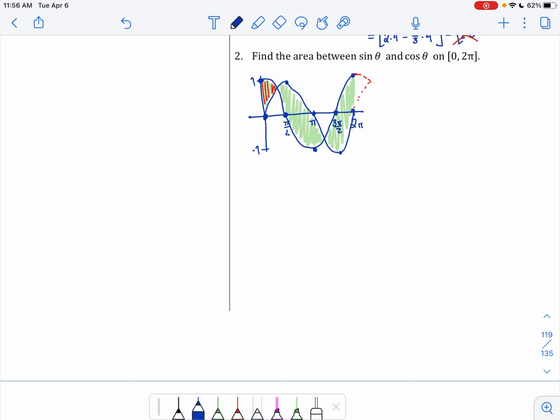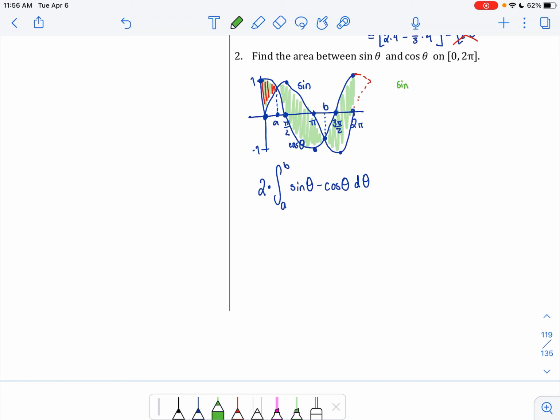So the total then, I'm just going to say, is 2 times the area from this intersection point here to this intersection point here. And in that case, sine is the upper bound minus cosine, which is the lower bound on this interval, d theta. So now all I need to do is find a and b.